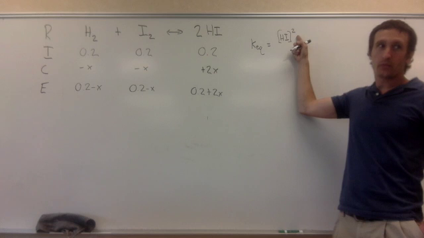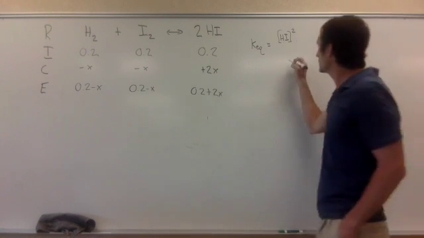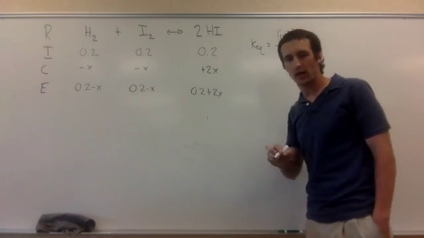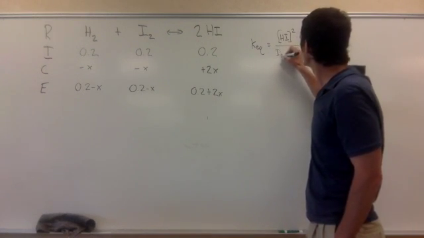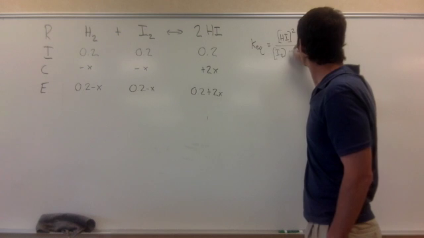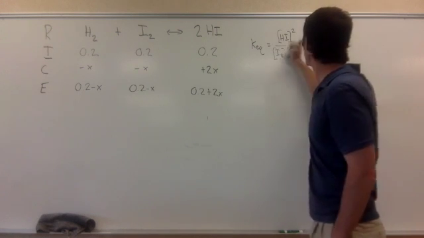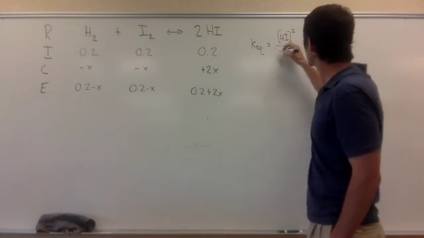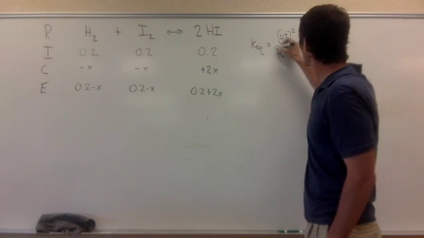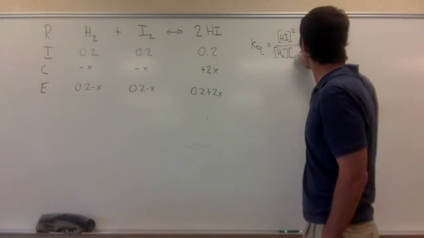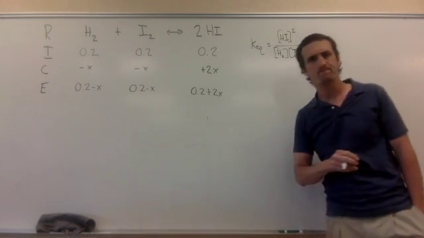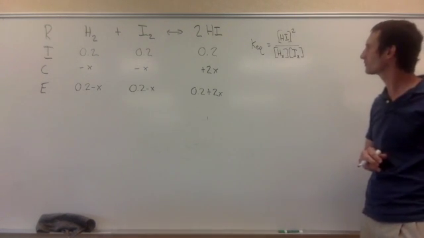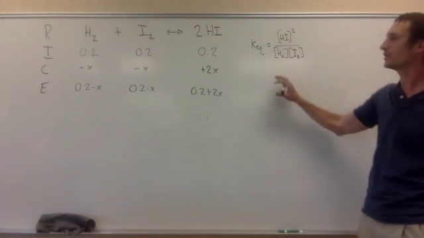I saw a lot of people forgot to put that square there, divided by concentration of I2 times H2. And I guess it doesn't really matter what order you put those, as long as you have the reactant on the bottom, right? So here's my KEQ expression.